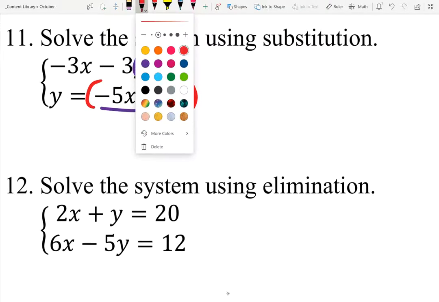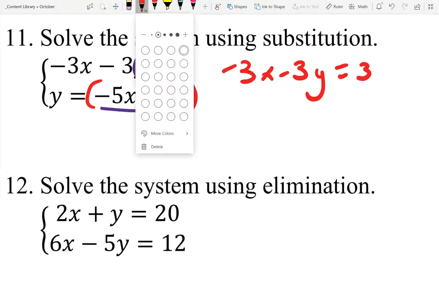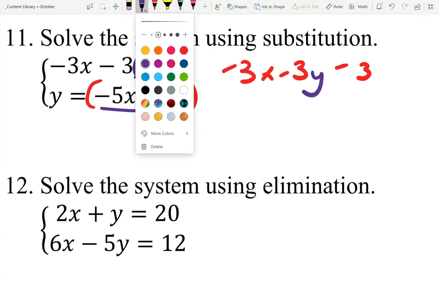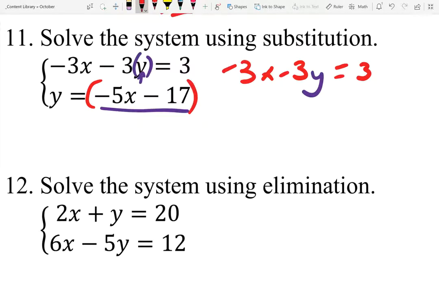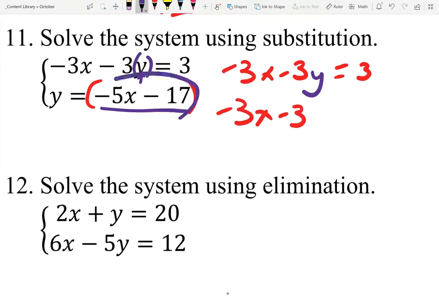So let's write that whole equation out. We have negative 3x minus 3 times y equal to 3, correct? Now remember, we're plugging this in for y, so the rest of the equation is not going to change. All we're doing is putting negative 5x minus 17 in to replace y.